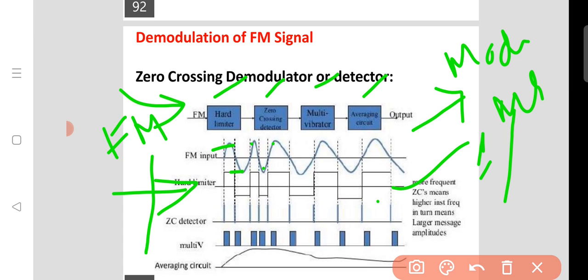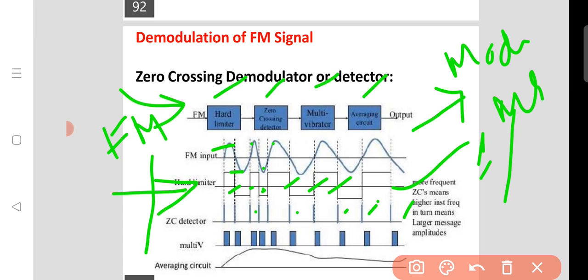It means every crossing of zero, the reference line, here the zero cross, here the zero cross, here the zero cross. When the signal touches zero, every time it produces a spike like this. That is the output of the zero cross detector.